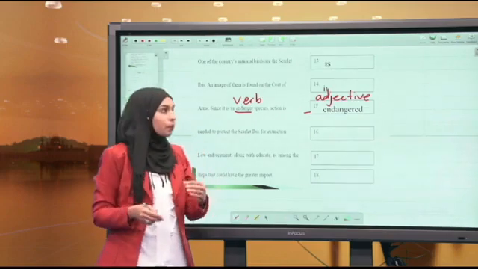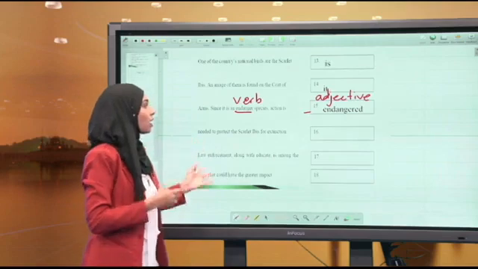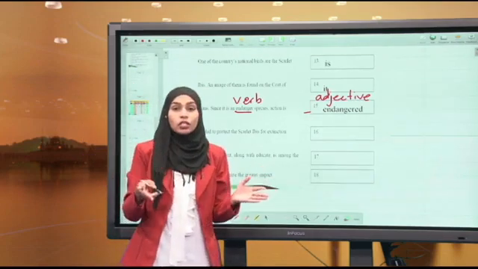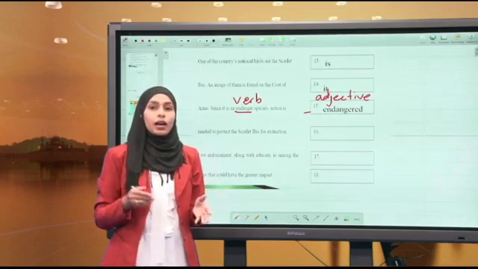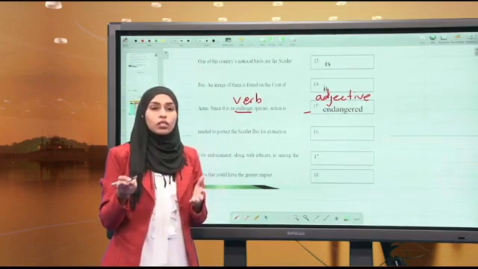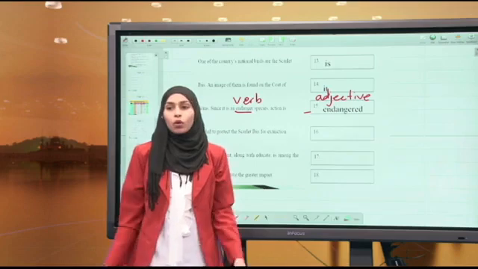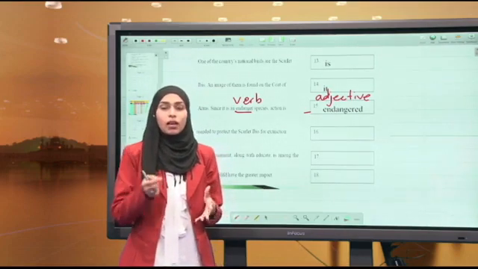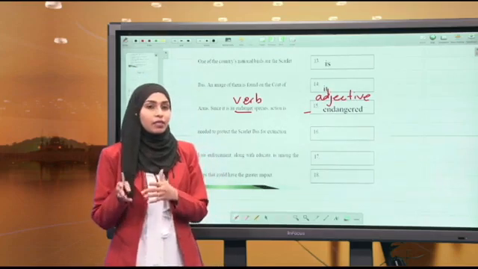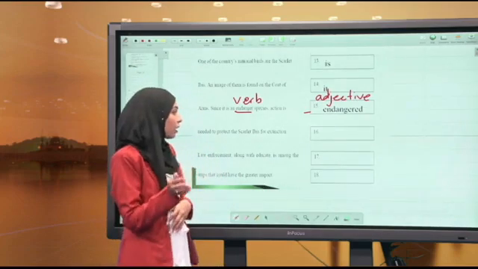Some other cases where we have verbs that can be changed into adjectives is like "excite". So "excite" will be your verb, and then to make it into an adjective, we will have "exciting". Or we have "decide", and then "decisive" is your adjective there, right?